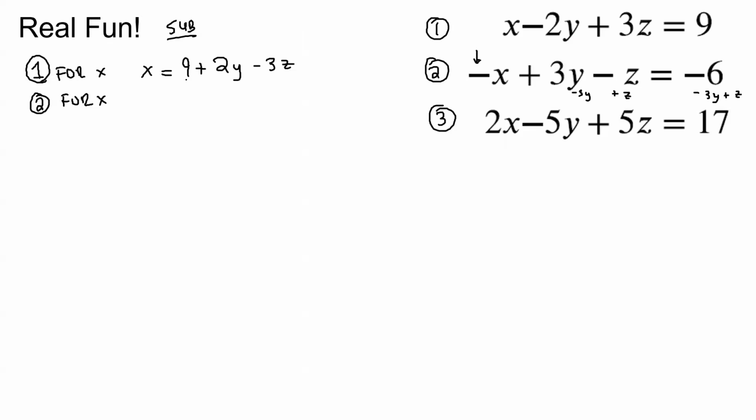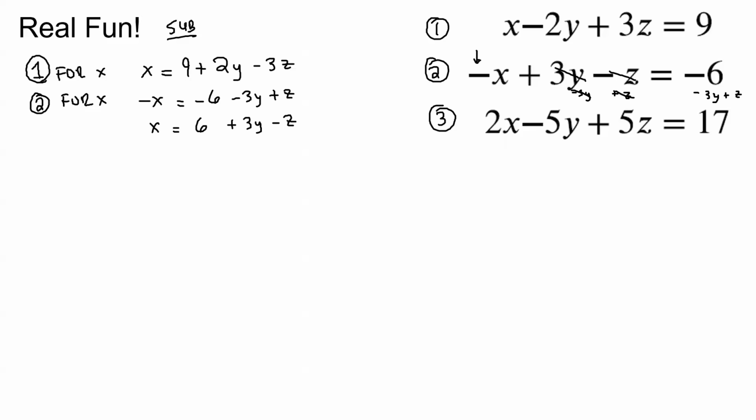You can work through the gory details of that, but what you're going to get is negative x equals negative 6, remember that I am moving these two over like that and putting them over there, negative 6 minus 3y plus z. Once I multiply through by negative 1 all the way, I'll get x equals 6 plus 3y minus z. So all we did there was change all the signs.